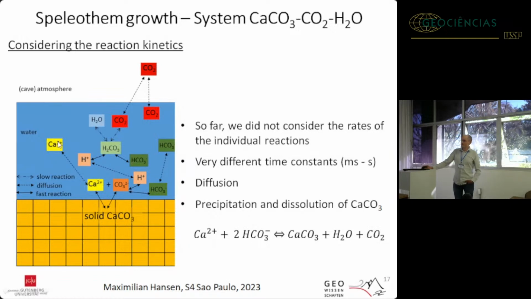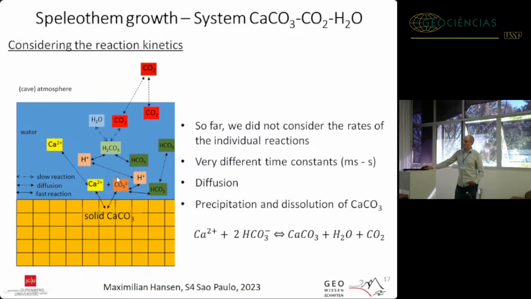Yeah, and in principle, you can see here what happens during precipitation and dissolution of calcium carbonate. For the precipitation, you would have this reaction: one calcium ion would consume 2 bicarbonate ions, forming calcium carbonate on the surface of the stalagmite, for example, and as a result there is 1 water formed and 1 CO2.